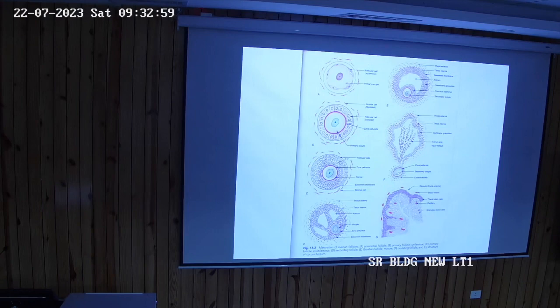At the same time, the follicular cells outside are named inner and outer parts. The inner part is called theca interna and the outer part theca externa. The theca externa degenerates, while the theca interna remains, and this theca interna along with the granulosa cells secretes the hormones.